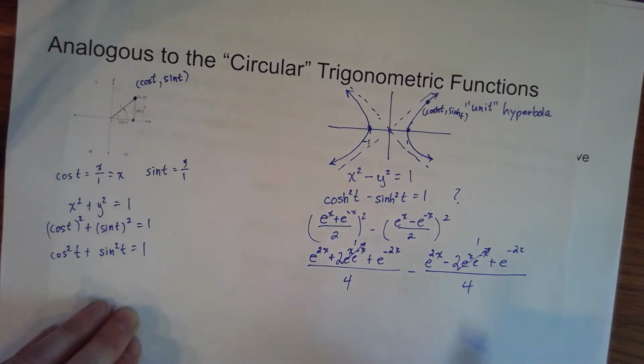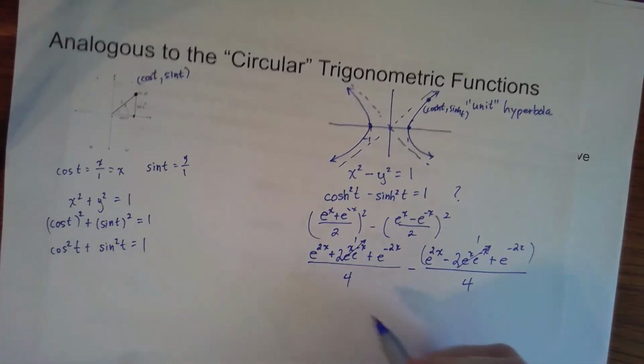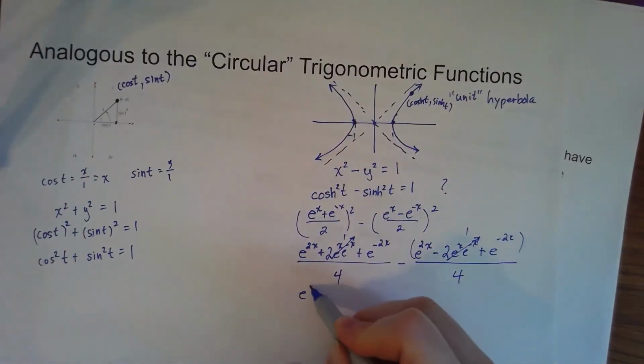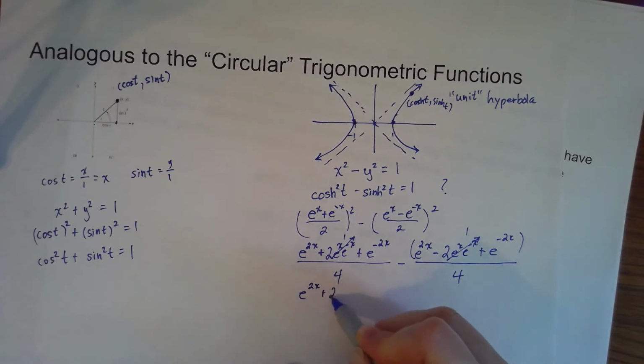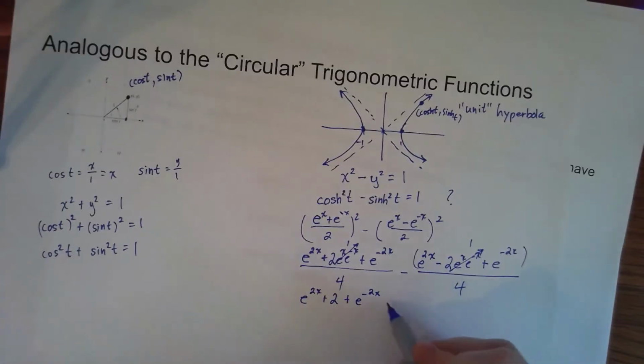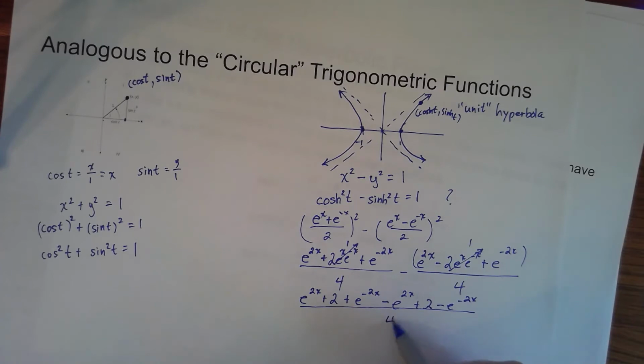So when I subtract these, make sure that the subtraction is distributed to the entire numerator of the second fraction. We're going to get e to the 2x plus 2 plus e to the negative 2x, and then minus e to the 2x, plus 2, minus e to the negative 2x, and this is all over 4.